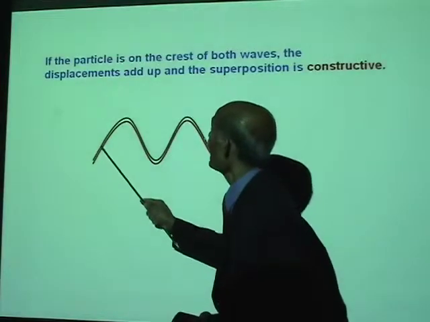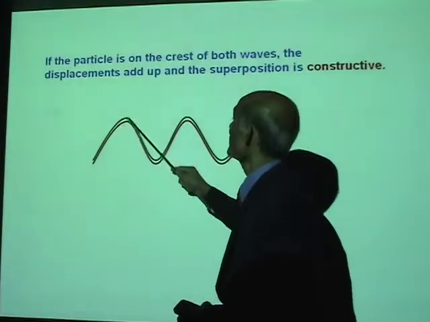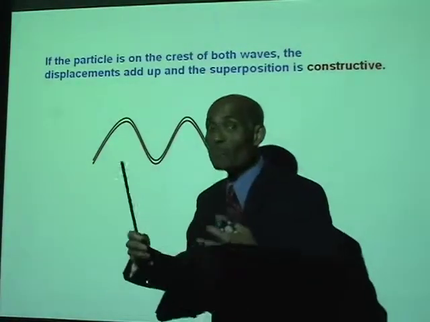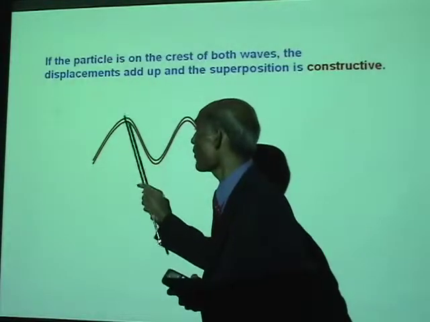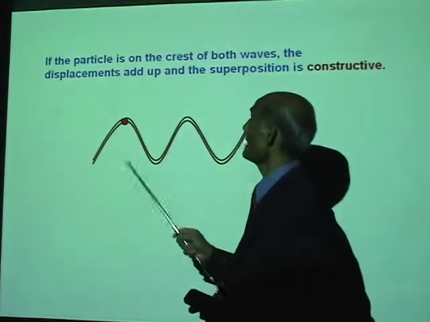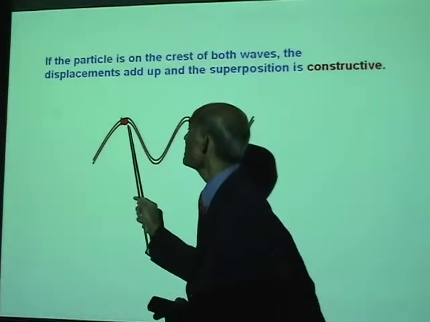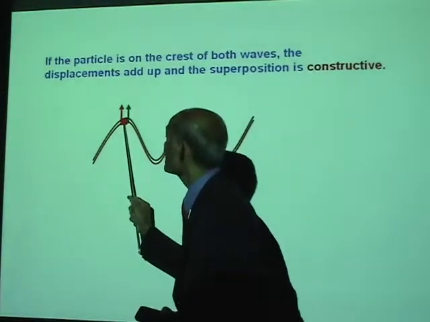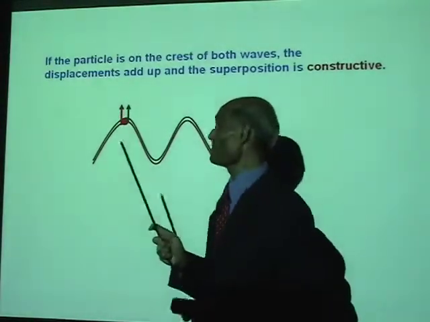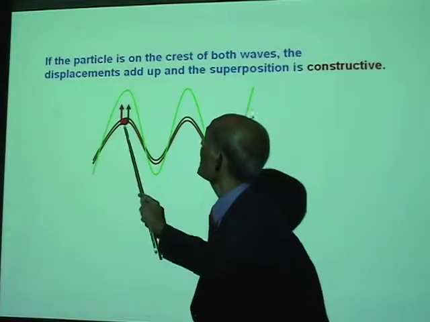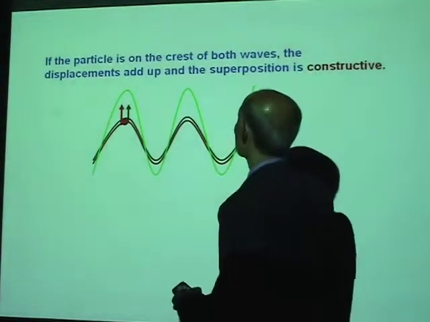Now here I have one wave, the red wave, and another wave, the green wave, that are in phase. What does that mean? It means the crest of one wave falls on the crest of the other wave. So a particle of the medium there will be subjected to displacements in the same direction by both the waves, and therefore the particle will have double the displacement, or we generate a much bigger wave.